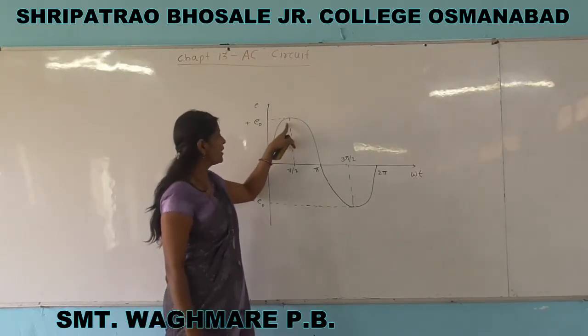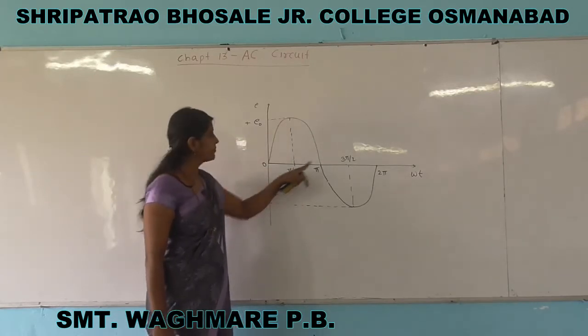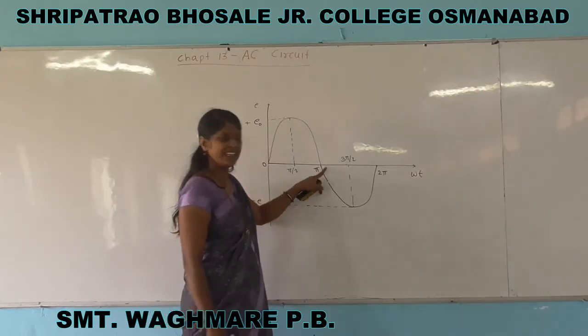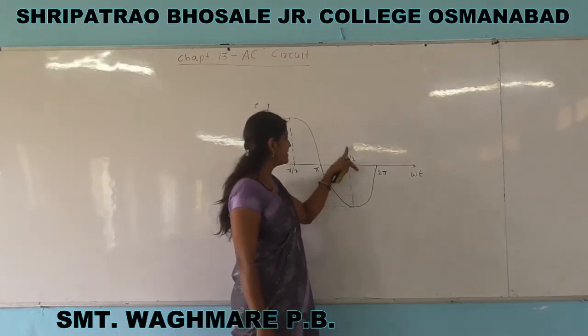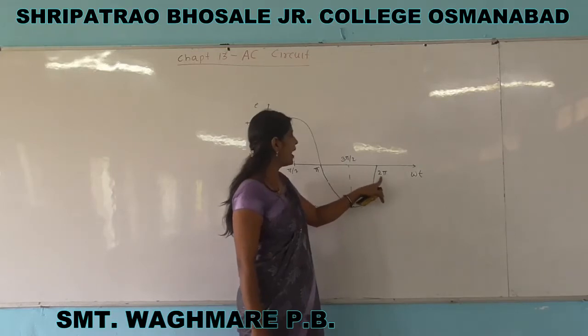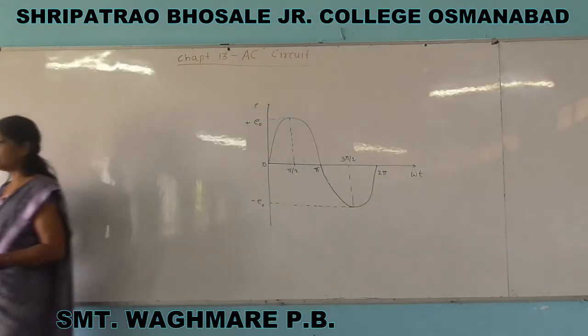The angle of rotation of 90 degree is pi by 2, then 180 degree is pi, then 270 degree is 3 pi by 2, and then 2 pi. This is the graphical representation.